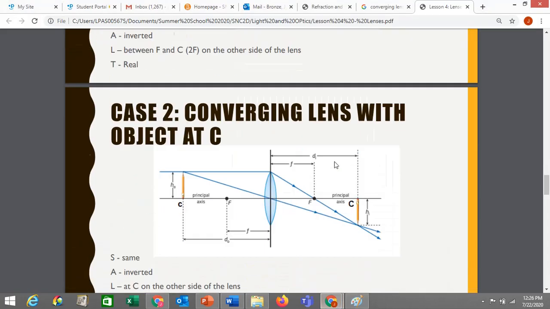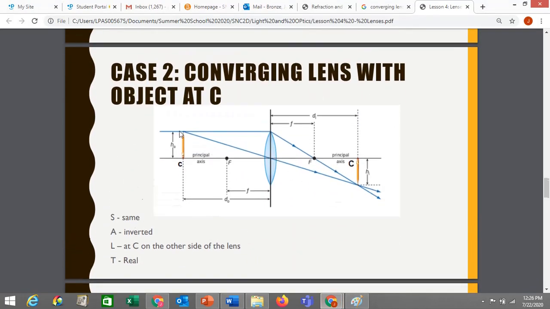Okay, case 2. What if you have an object at C? So just ignore all this stuff here. There are math equations associated with these ray diagrams that we're just going to skip because we're a little short on time for this course. But case 2, what happens when you're at C? We apply the same rules. Parallel to the principal axis, hits the lens, goes through the focus.